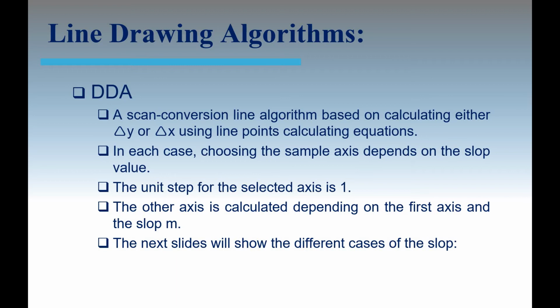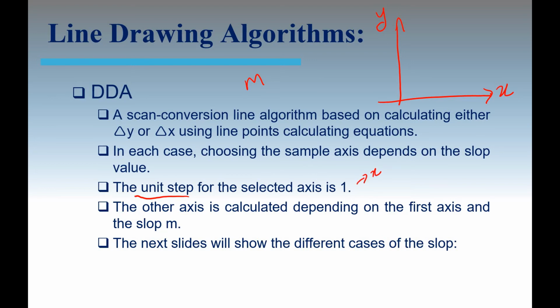So what we have here is two axes. This is your y-axis, and then we have the x-axis. We will calculate the value of m, and according to the value of m, we will have a unit step for an axis. Suppose we have a unit step for axis x.